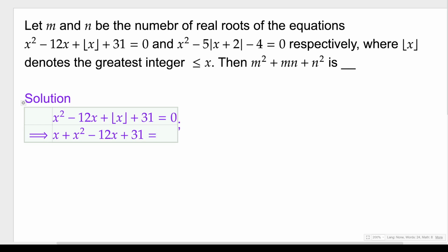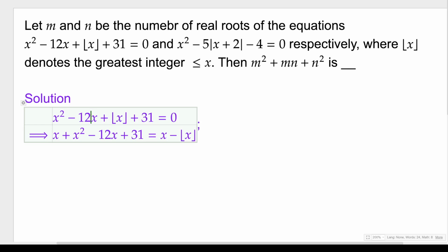What I am doing is adding x on both the sides, and this floor function of x I'll subtract. So this will be floor of x, right? Now this is consistent. I have subtracted this value on both the sides, so this effectively cancels out, and then I have added x on both the sides.